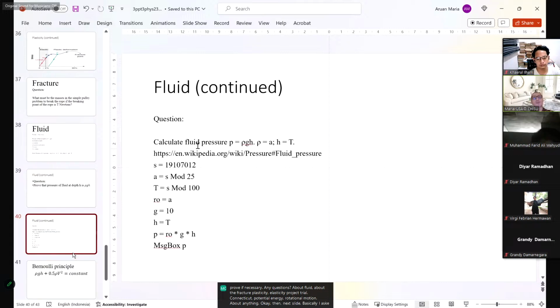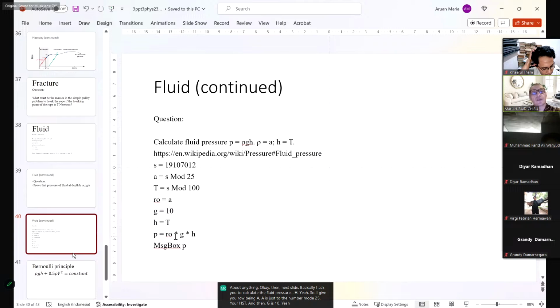Basically, I ask you to calculate the fluid pressure, rho gh. I give you rho being A, your student number mod 25, your h is T, and then g is 10, yeah?